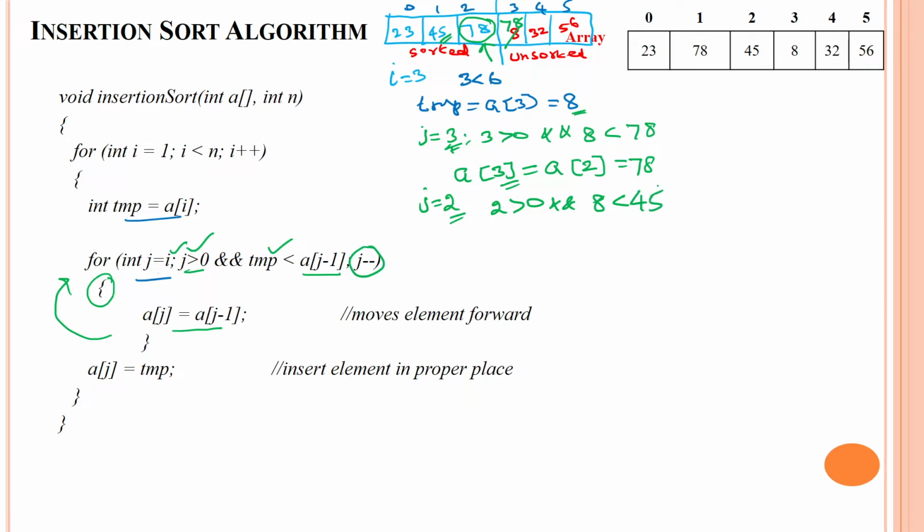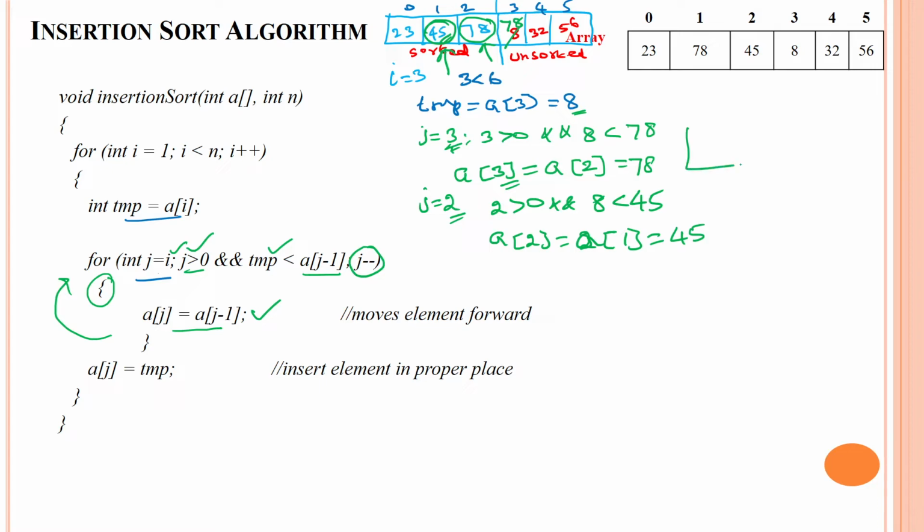So 45 is available in this location, right? So 8 less than 45, yes, it is also true. Once it is true, the statement will execute again. A of j, j value is 2, so a of 2 equals a of 2 minus 1, that is a of 1, equal to what is the value available, 45. So here the 45 will be assigned into the second location.